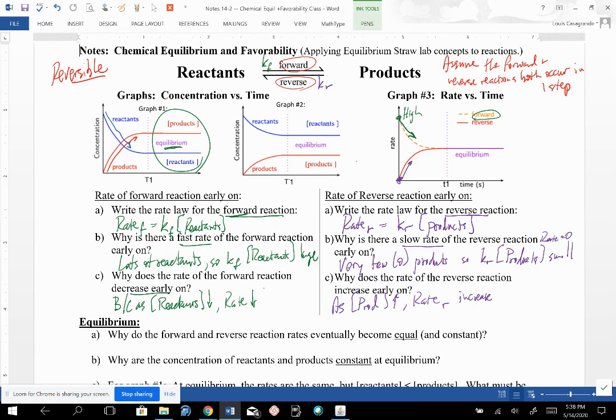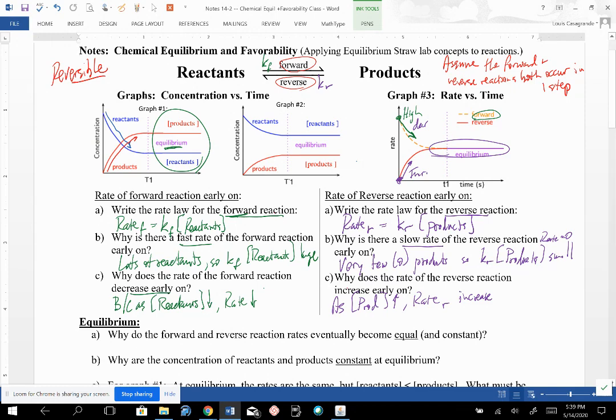And then what happens is as the rate of the reverse reaction increases, the rate of the forward reaction decreases. At some point, the two of them come together, and they become equal. And when you reach that point, that's when you have equilibrium.